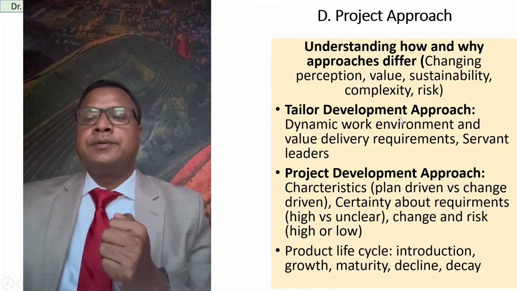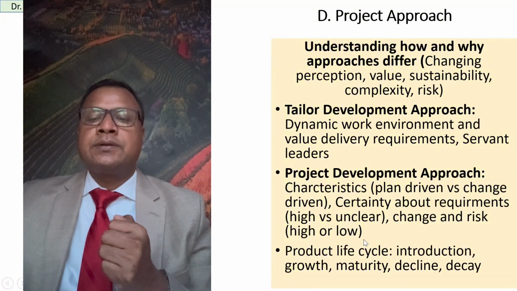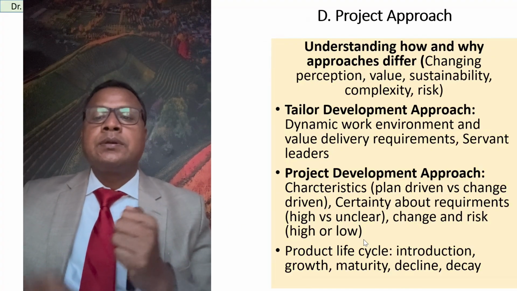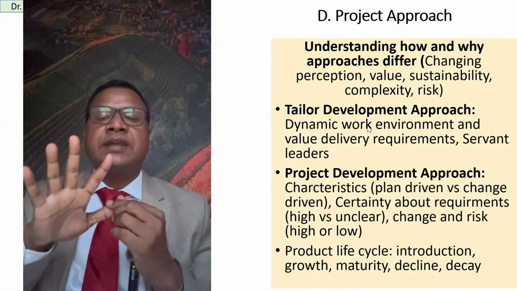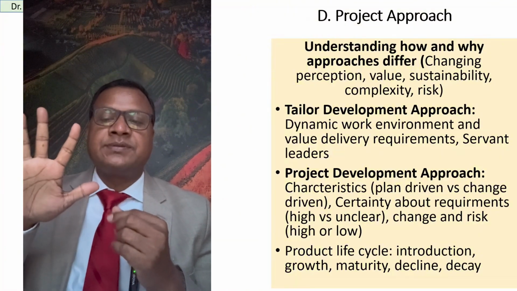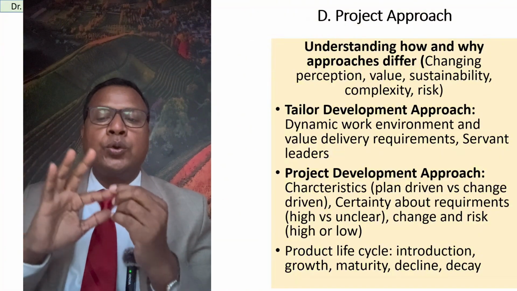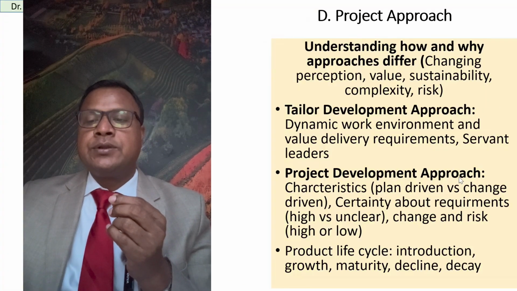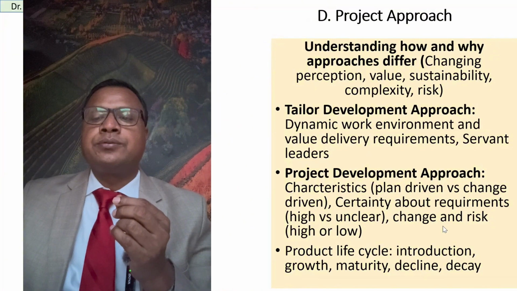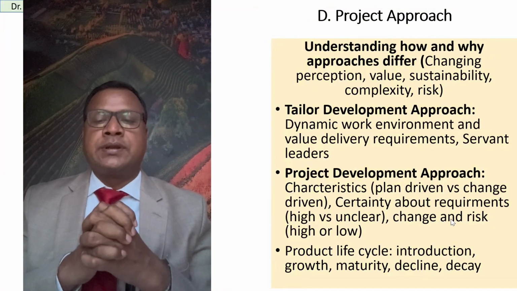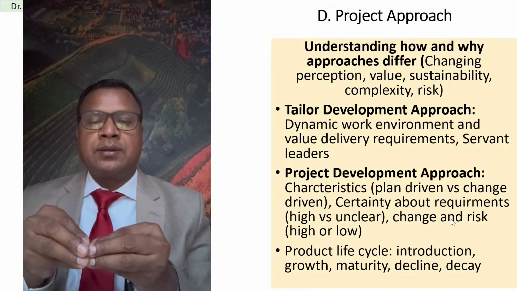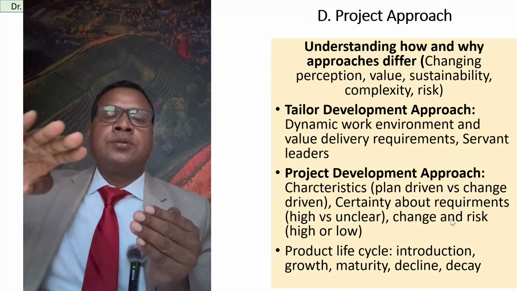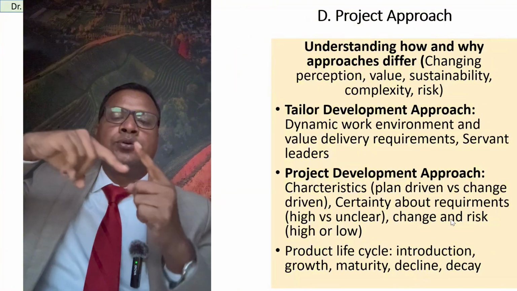Now we'll look at what we call the product life cycle. The product life cycle has steps: introduction, growth, maturity, and decline. At the beginning, we introduce a product when it comes to the market, but after a certain time, it is growing.